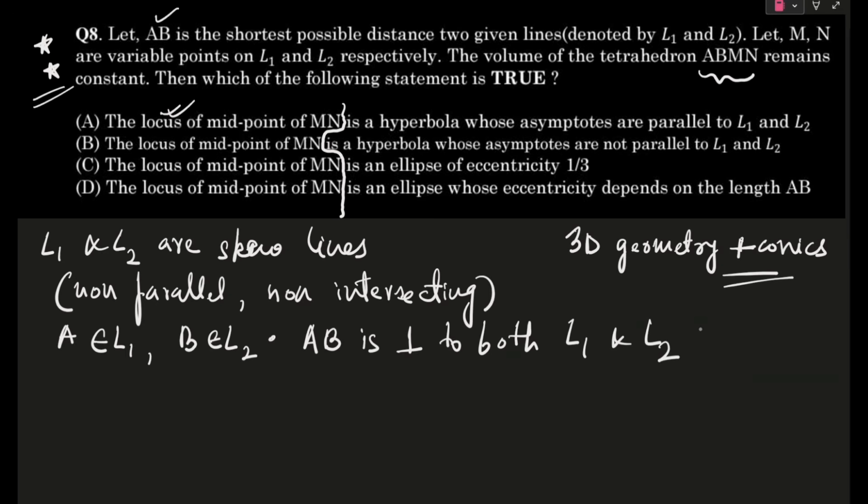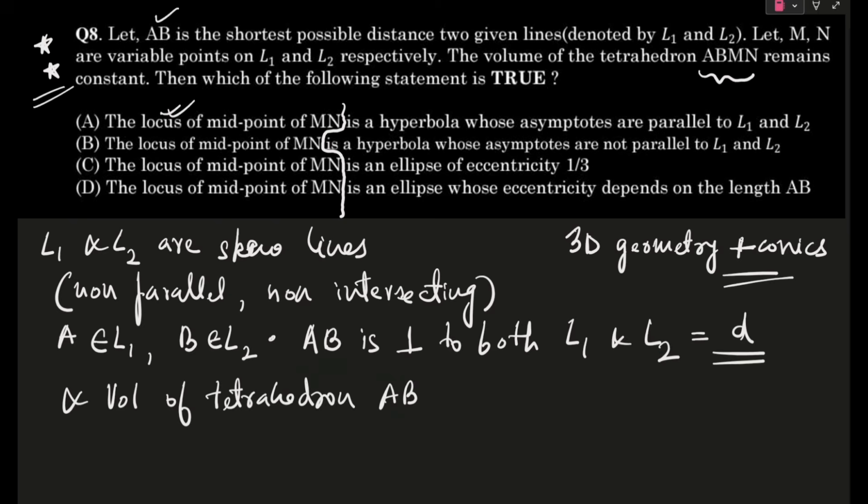Let's say this distance AB is equal to D. And one more thing, the volume of the tetrahedron ABMN is constant. So this is, on a broad scale, the information that is given to us.